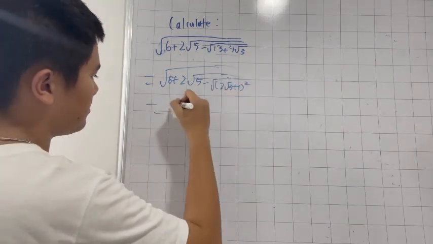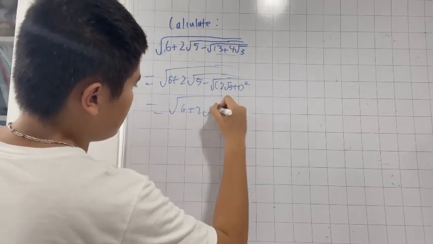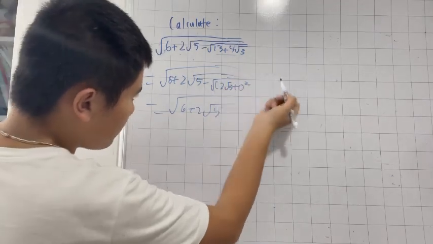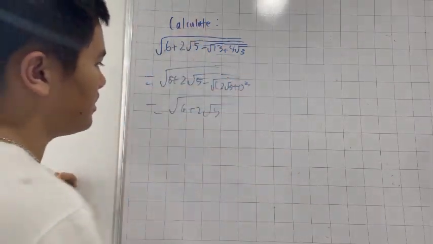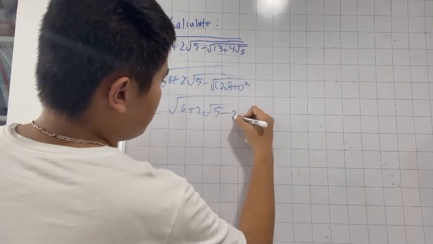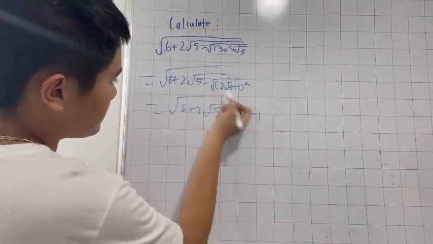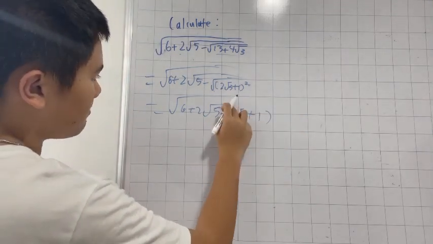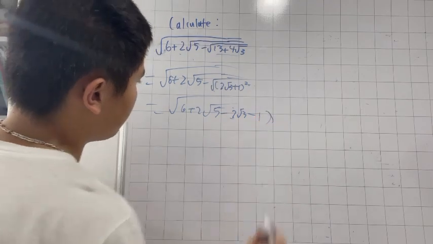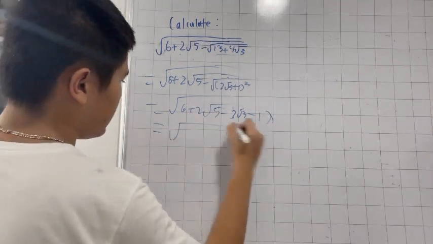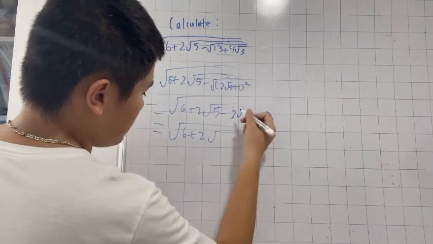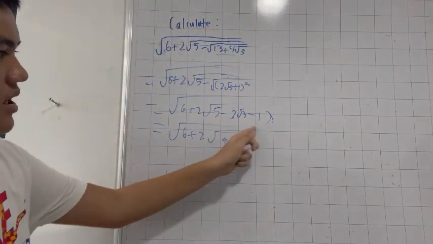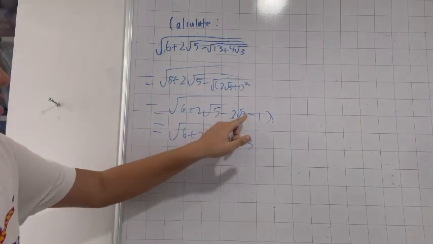So now we can rewrite this like this, and then you see the 2, and this square root will cancel out, and so we will get 2 square root 3 plus 1, right? Because it's got a minus here, so it should be like this. But then you apply the minus in, so it'll become negative, and that will be equal to square root of 6 plus 2 times 4 minus 2 square root 3, right? 5 minus 1 is 4, then we got 2 square root 3 here.